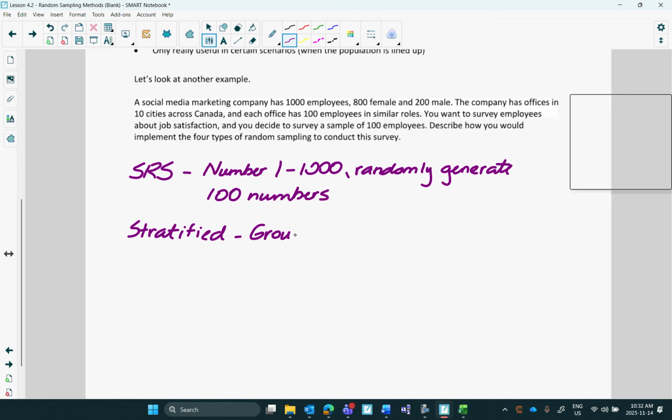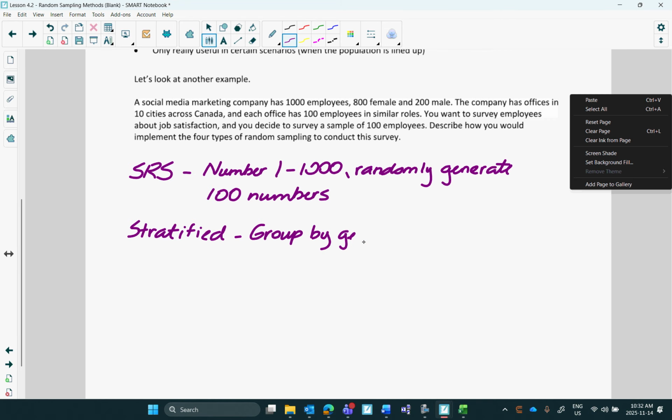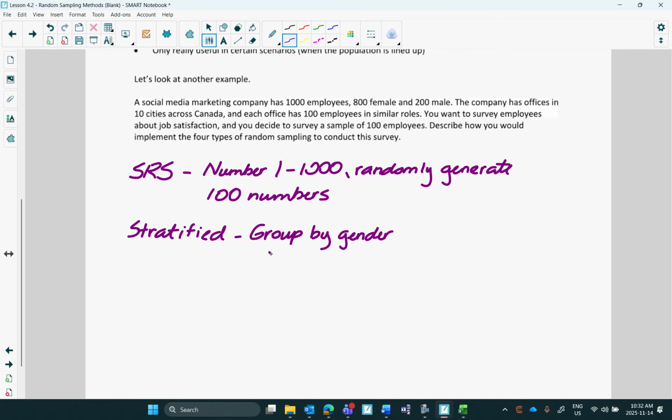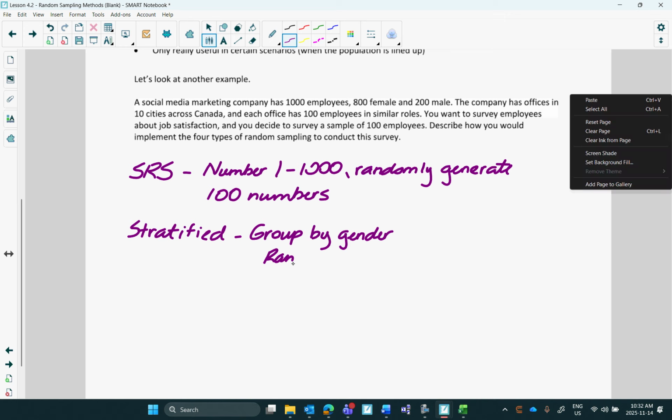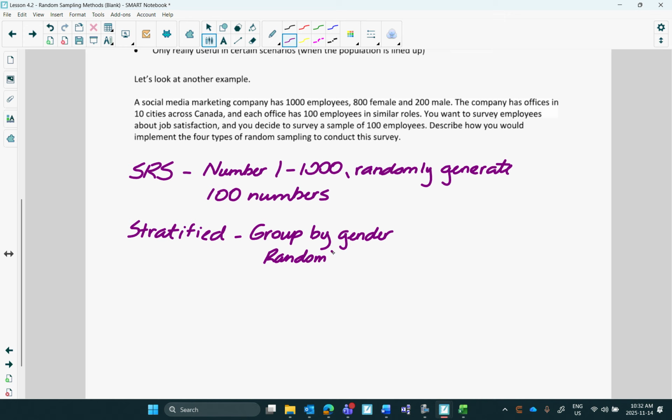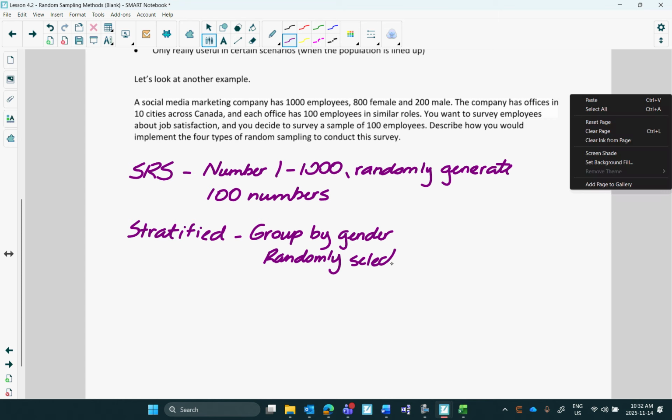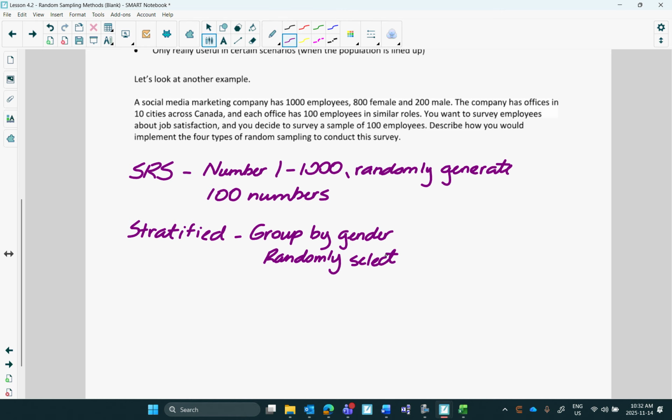Group by gender, which means we would randomly select, using a random generator, how many females? 80.